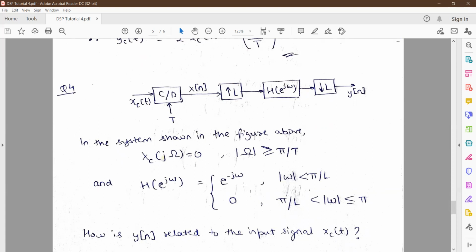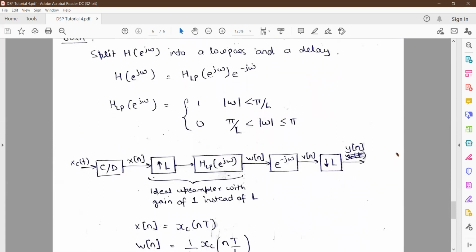So to solve this question and to further simplify it, the first thing that we can do is write that block H(e^jω) as two blocks. First is a low pass filter and the other is a delay. So we can say that H(e^jω) is the low pass filter which has an amplitude of 1, times e^(-jω), where this low pass filter is defined like this.